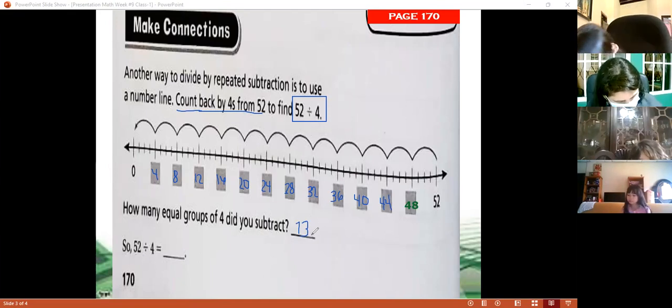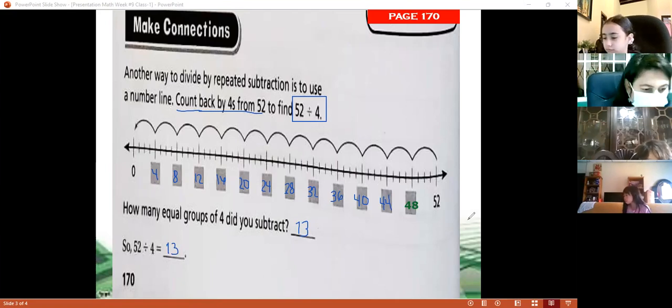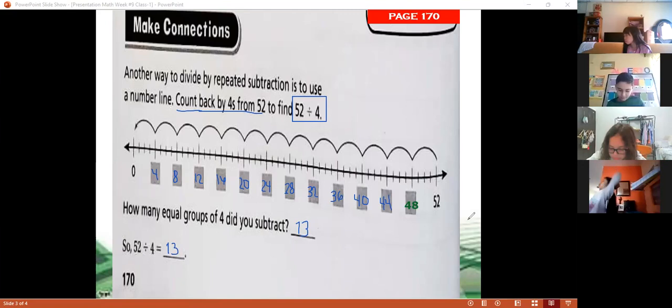So what is the answer of 52 divided by 4? 13. That is the answer of the division. 52 divided by 4 is 13, because 13 times we subtract the divisor, in this case 4, from the dividend that is 52. So the quotient, the answer of the division, is 13.